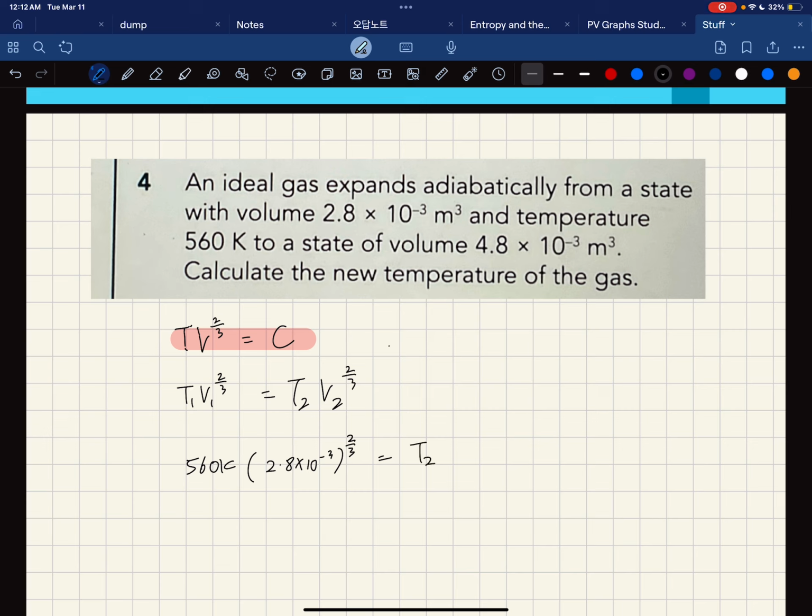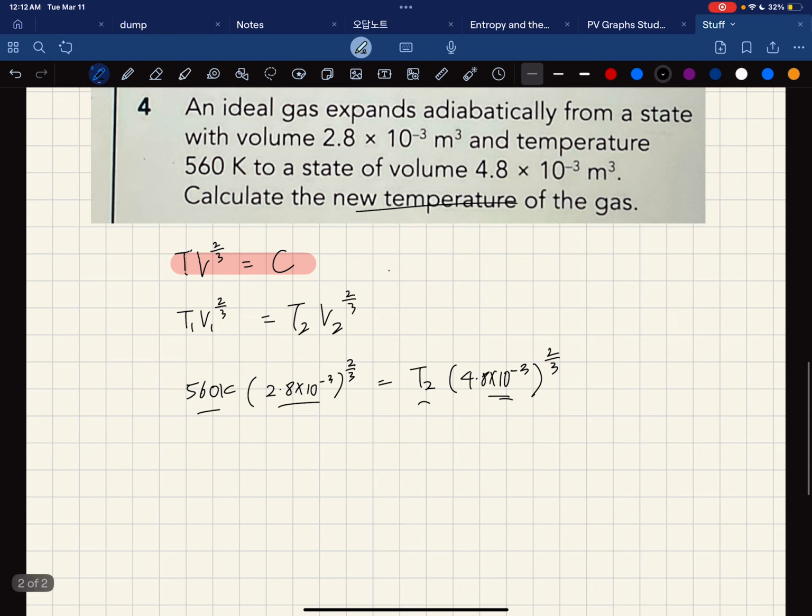I'm going to leave T2 as the unknown because that's what we're trying to find here. I'm going to move everything over to one side except for T2, which I'm going to leave at the right hand side. 2.8 times 10 to the power of minus 3, to the power of 2/3, is 4.8 times.